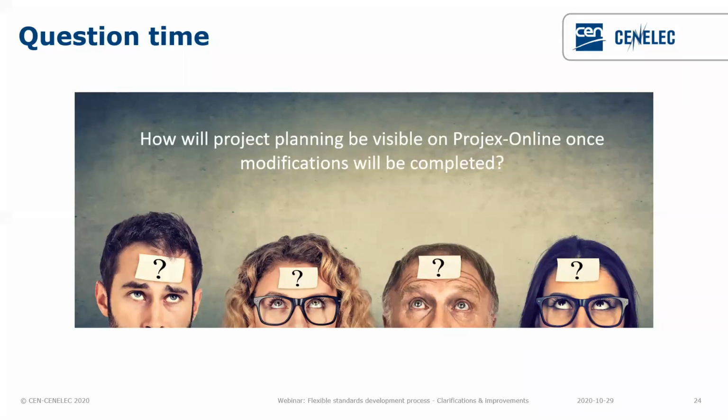How are work items under specific agreements affected by the flexible process? Well, in the BT decision, we acknowledged the fact that we would have brought to the European Commission the fact that some projects would have been late, and this has been done.